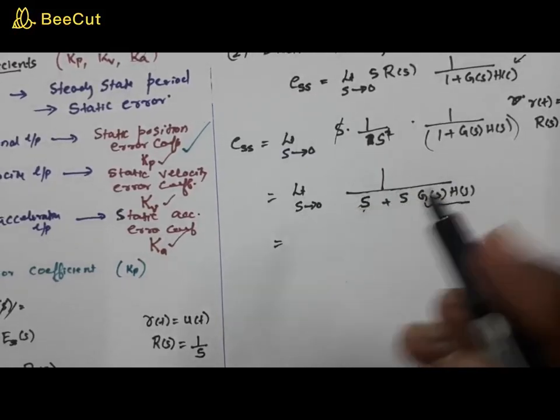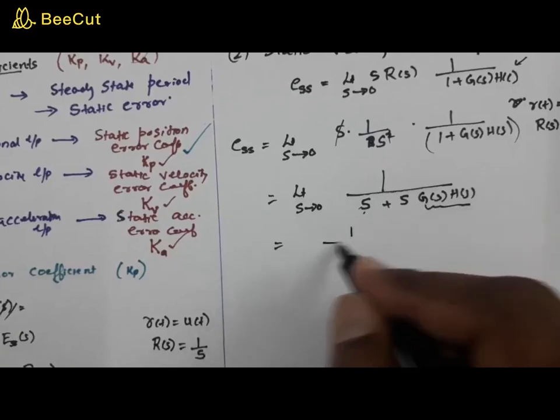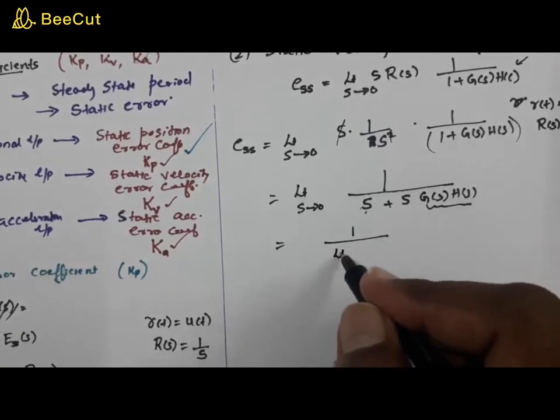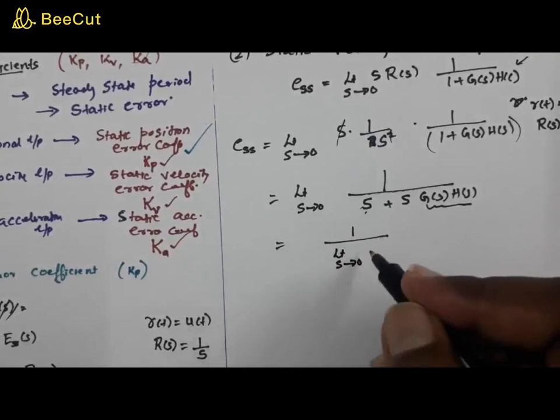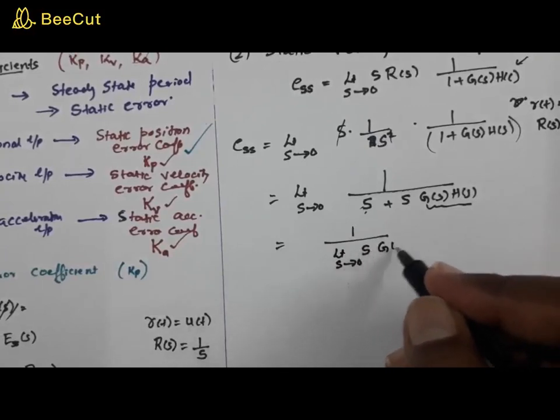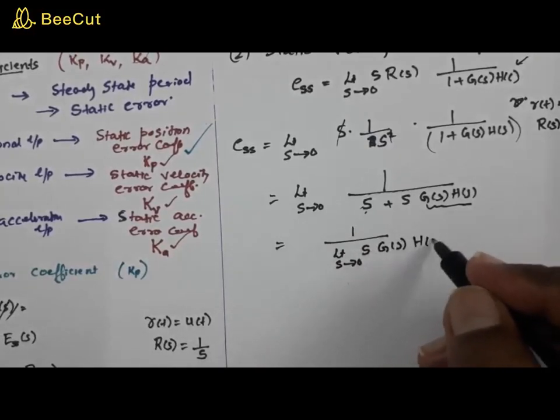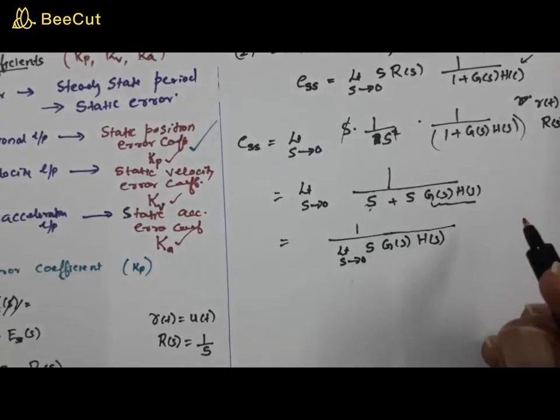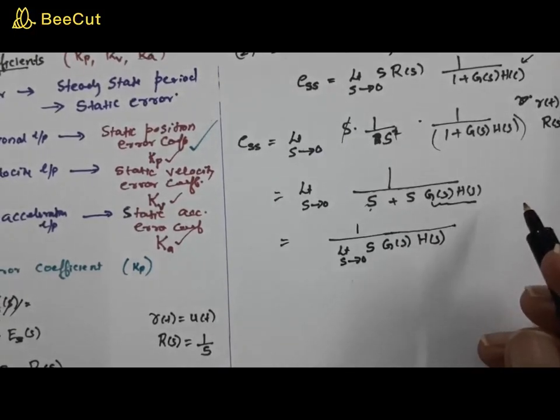So this becomes 1 by limit s tends to 0 of s into G(s)H(s).